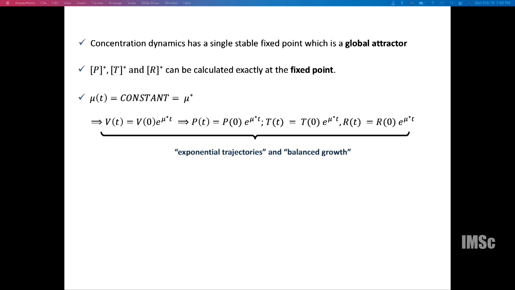So if V grows exponentially, and these populations are simply the concentrations times V, and concentrations are constant, it follows that each population is also growing exponentially with the same growth rate as V. So we have recovered in this system exponential growth of the populations, all of them balanced because the ratios are constant, growing in concert with the volume.